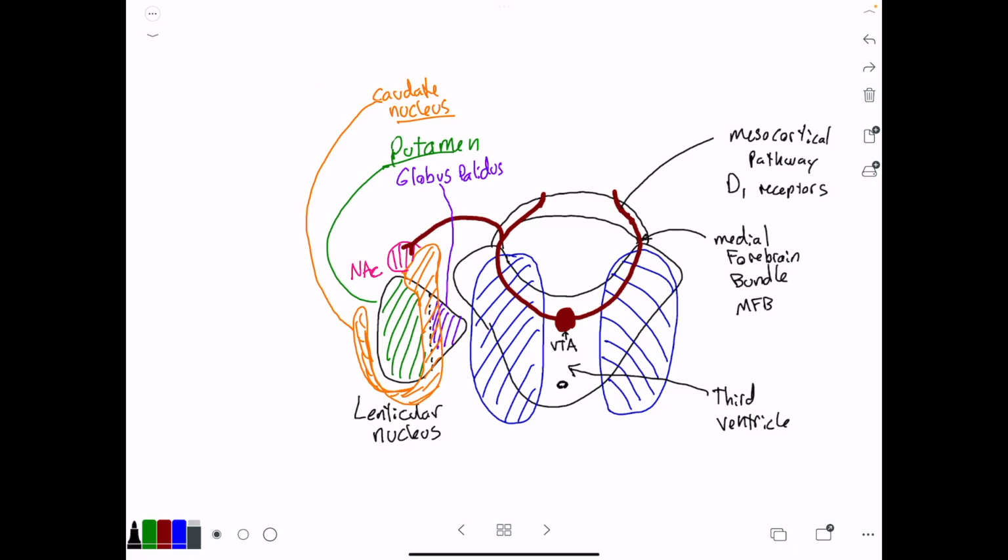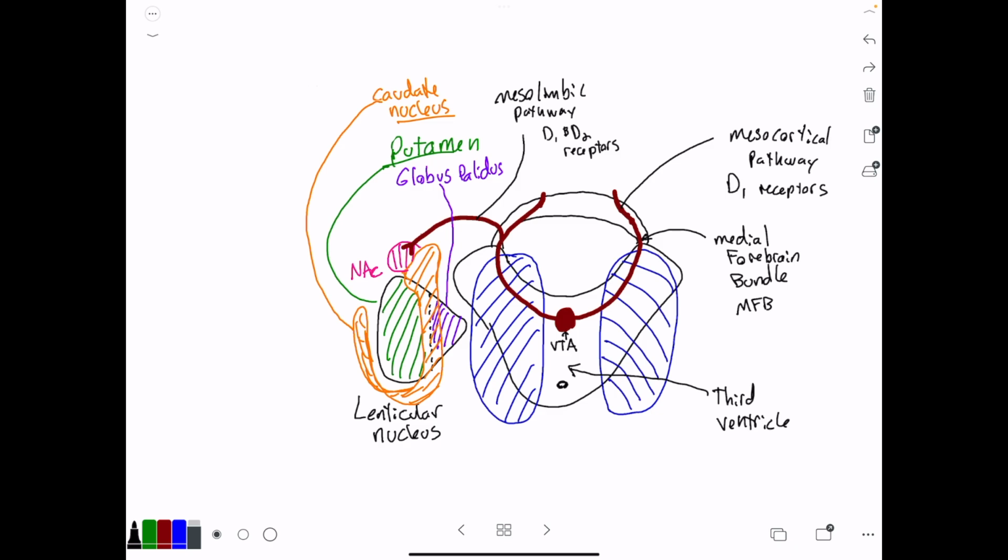And this pathway here, the second one of interest, is the mesolimbic pathway. And it synapses onto neurons with D1 and D2 type receptors. Right, and let's be clear about that.